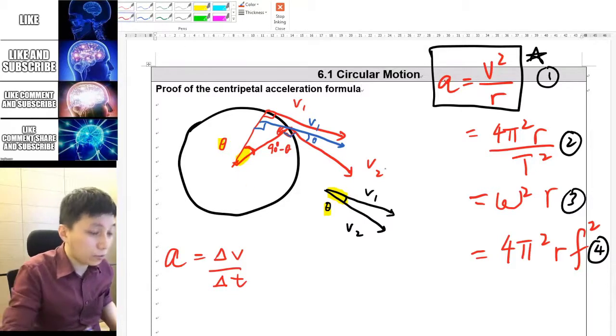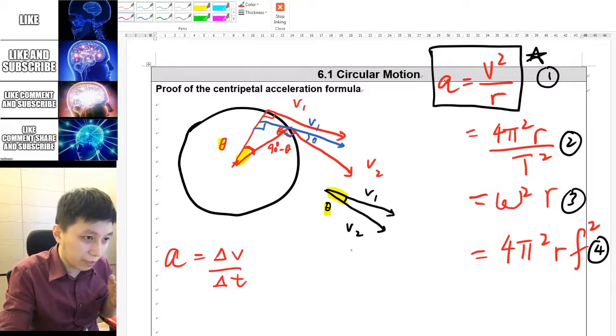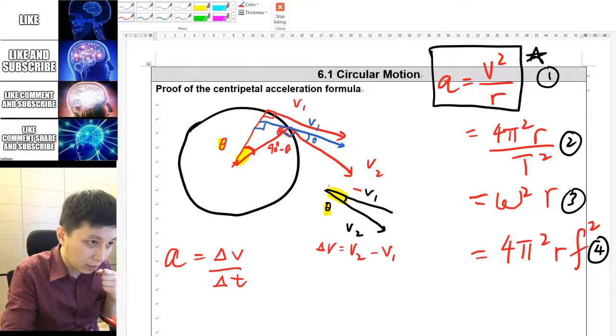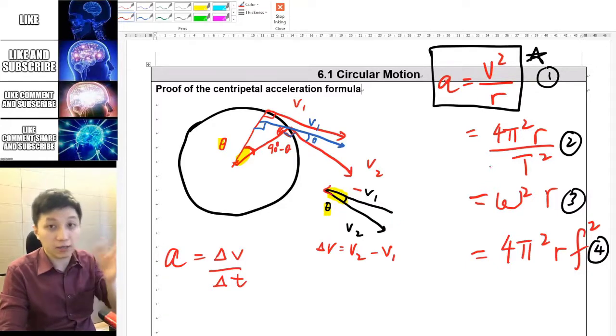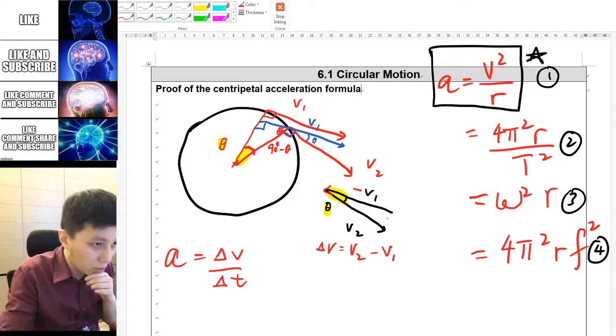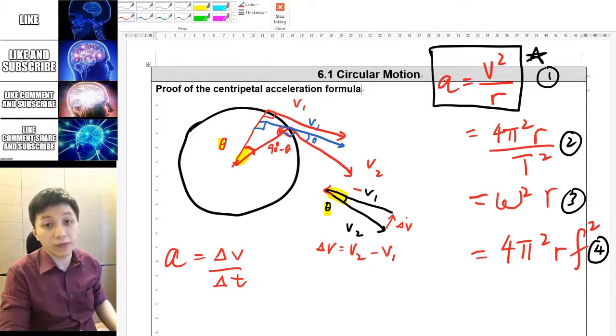Now the question becomes easier because you want to find v2 minus v1 for delta v. And v1 negative would then be the opposite, as we learned in chapter 1. So delta v would then be the head-to-tail method, then that is this one. This small vector would then be delta v.